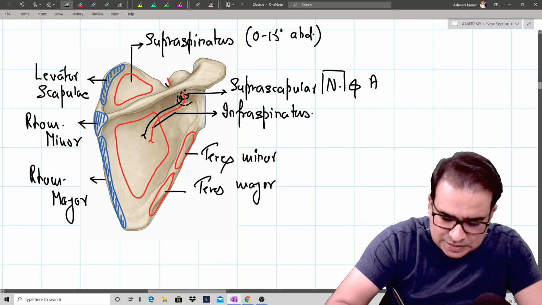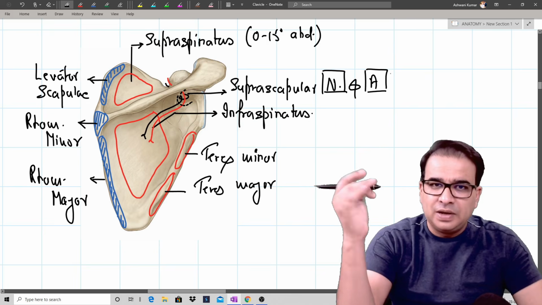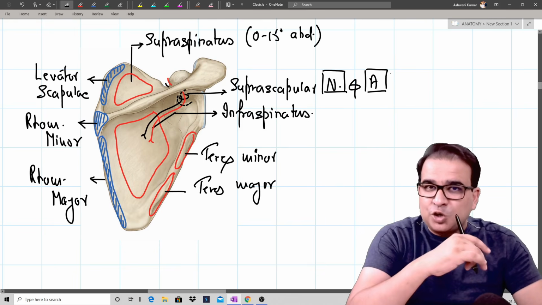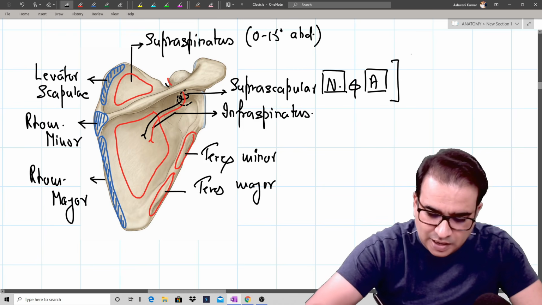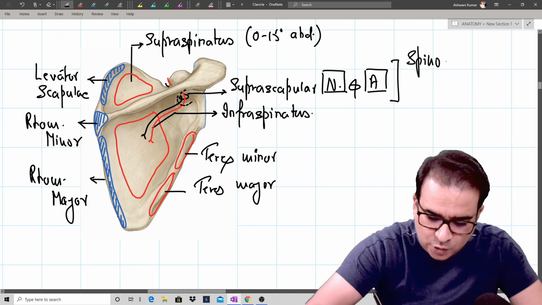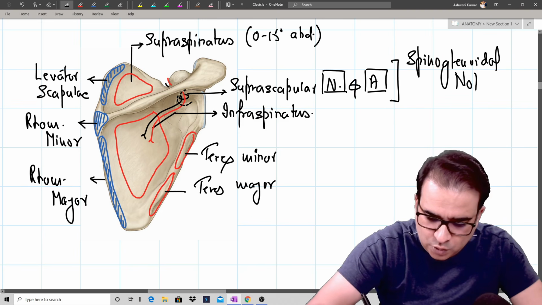When we talked about the suprascapular nerve and artery, the nerve was inside the notch, in the foramen, and the artery was above. But when we're talking about this notch here, they both are contents together. The suprascapular nerve and artery are the contents of this notch called the spinoglenoidal notch.